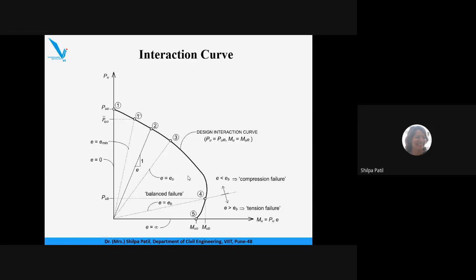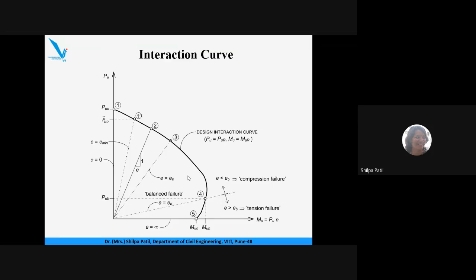And you can imagine we can have any dimension. The dimension of the column actually depends upon the designer's choice. So I can use b equal to 250 and d equal to 300, or 200 by 300, or 300 by 350, 300 by 400, any dimension I can use.